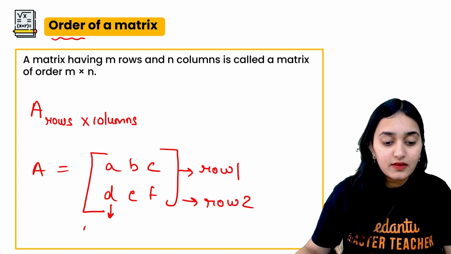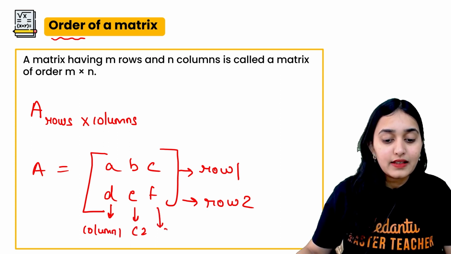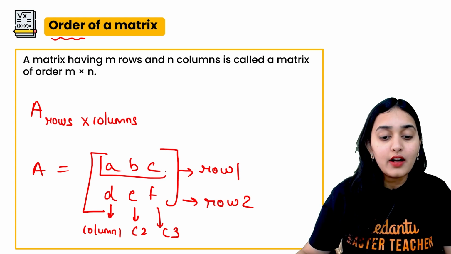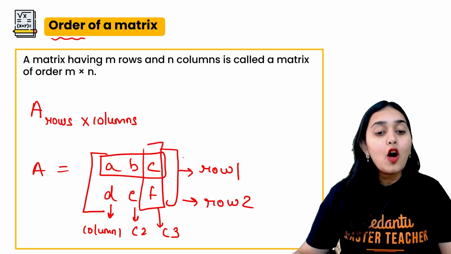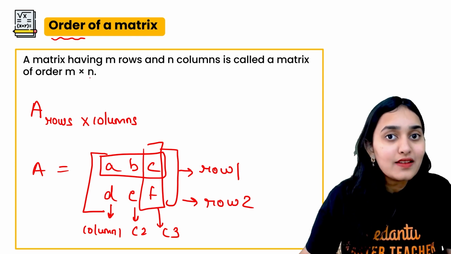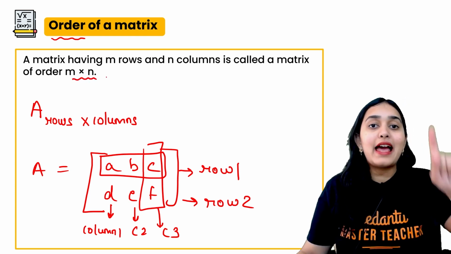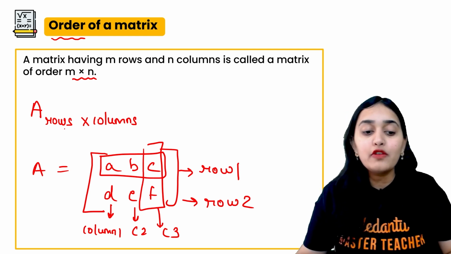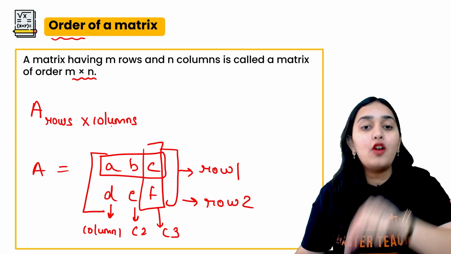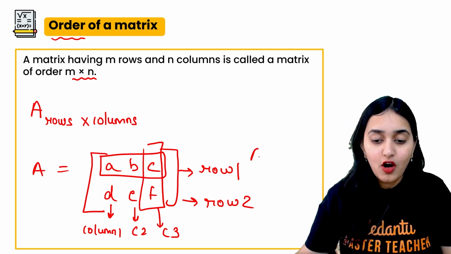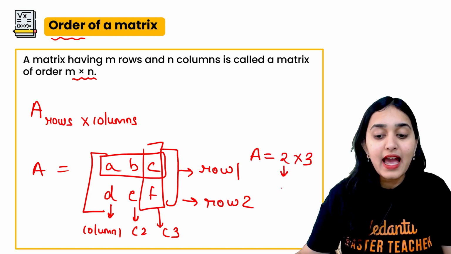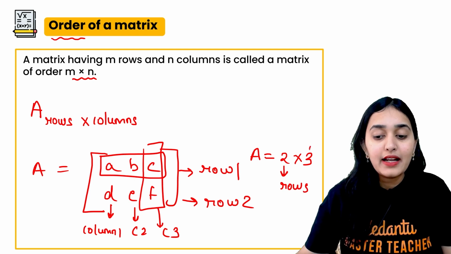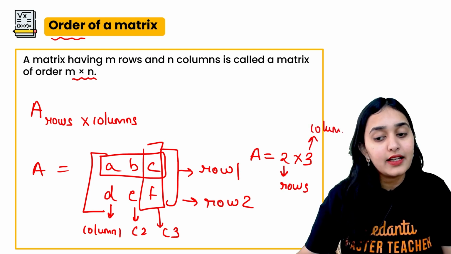This is column 1, column 2, and this is column 3. So the horizontal lines will be rows and the vertical lines will be columns. We always represent the order of the matrix as row by column. How do we pronounce it? Row by column. So if a matrix is of order 2 cross 3, it means it has 2 rows and 3 columns. Clear to everybody?